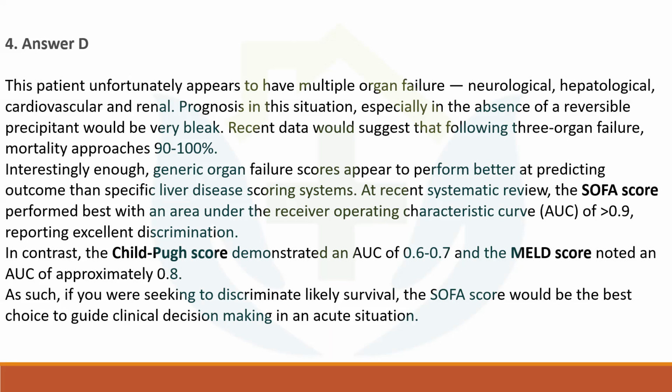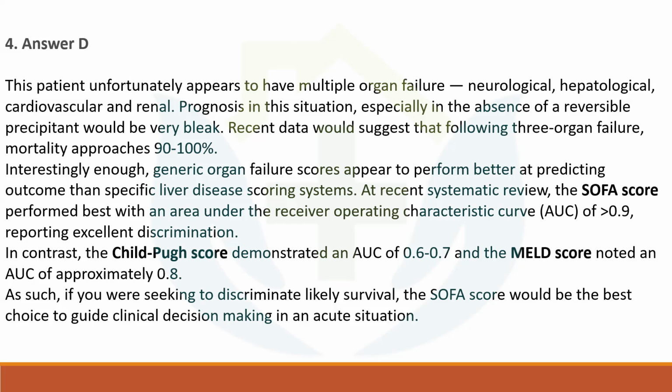Are you able to understand what exactly they were trying to ask? They are not asking only specifically about the liver disease scoring system. It's a multiple organ dysfunction, and four of the organs are involved. In a recent systematic review, the SOFA score performed best, with an area under the receiver operating curve, AUC, of more than 0.9, reporting excellent discrimination.